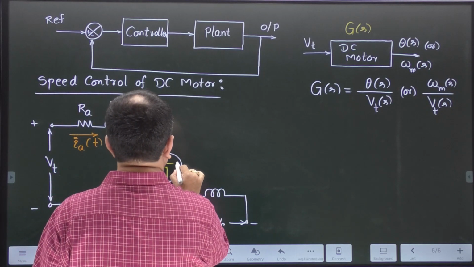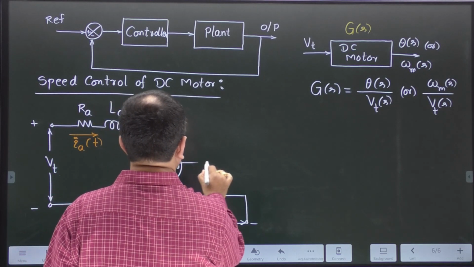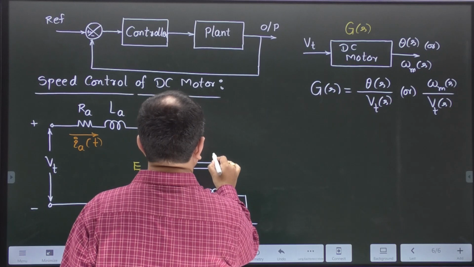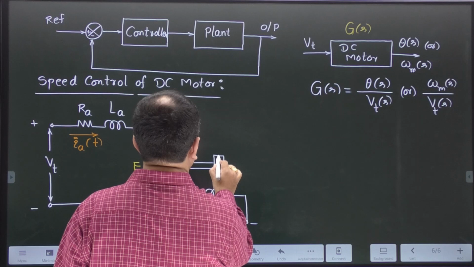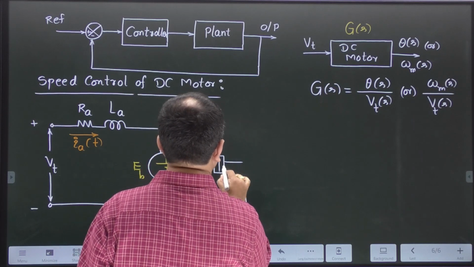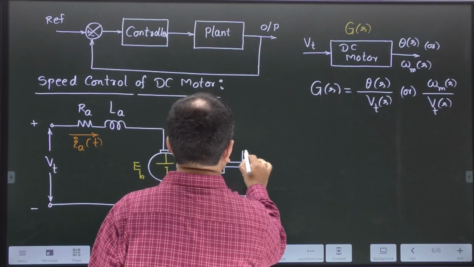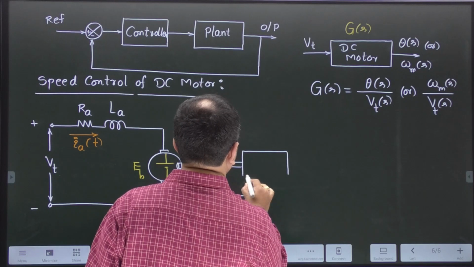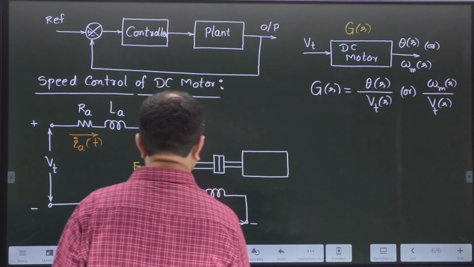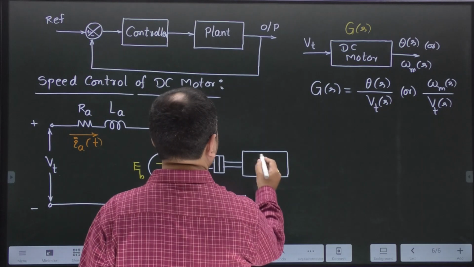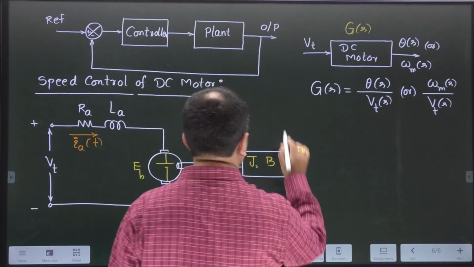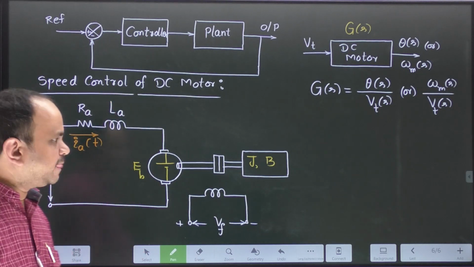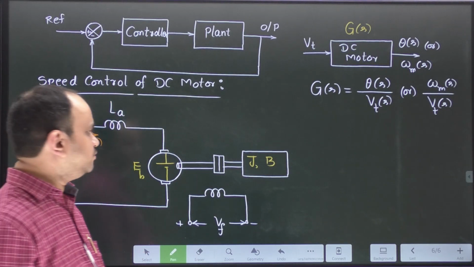Now a mechanical load will be coupled to this armature circuit, represented with the mechanical load properties J and B, moment of inertia and coefficient of viscous friction.